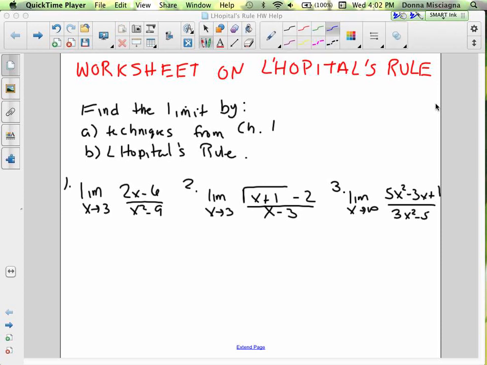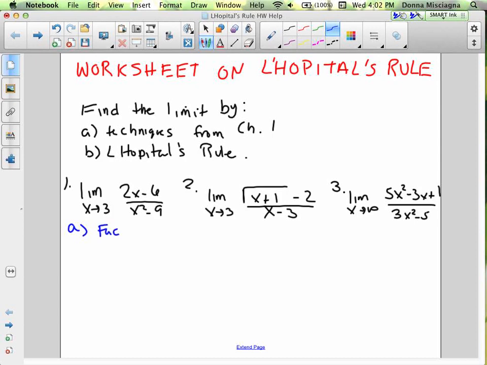All right, so on number 1, for A, factor and reduce is the correct technique. For A on the second one, multiply by the conjugate.